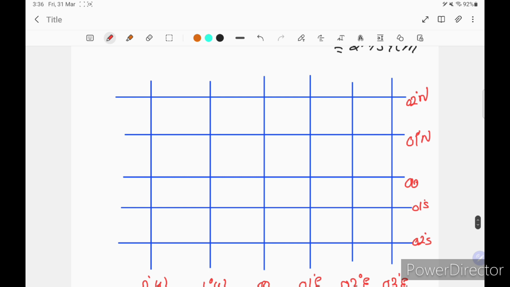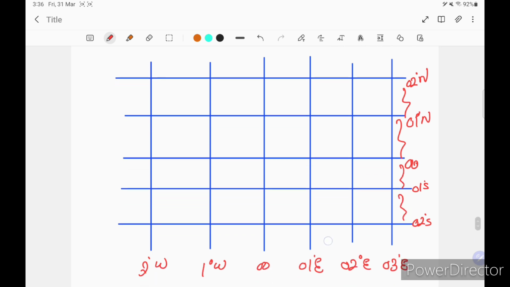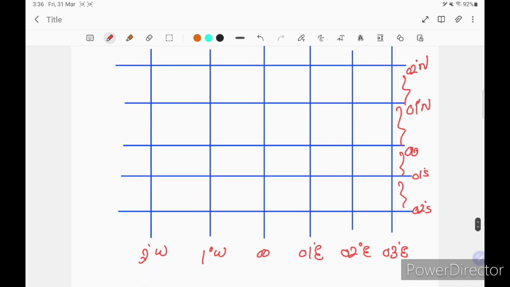But how to plot? Whatever we calculate now in cm, we have to make the difference between them. But when we write here, we write the value in mm. So 111.12 mm. This will be the same because longitude is the same distance.